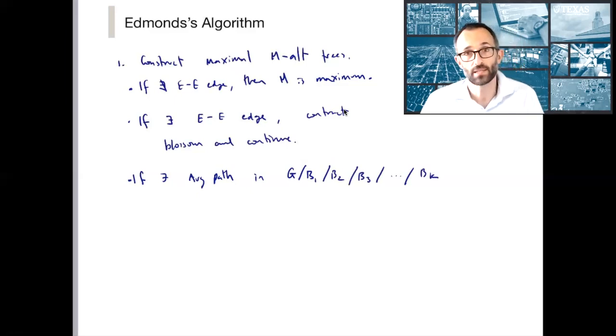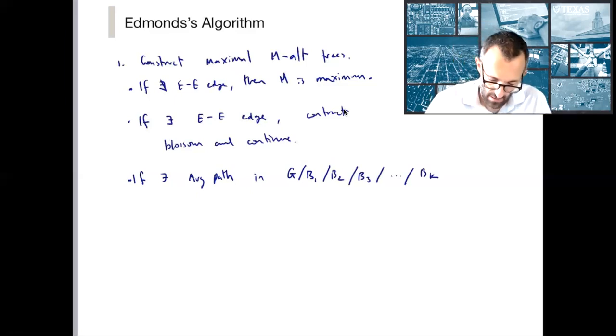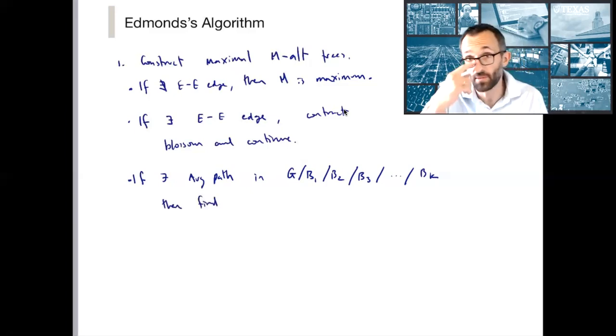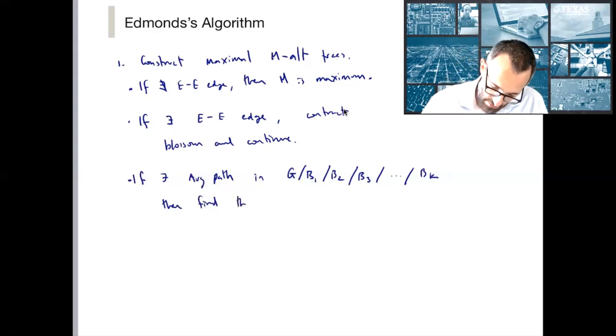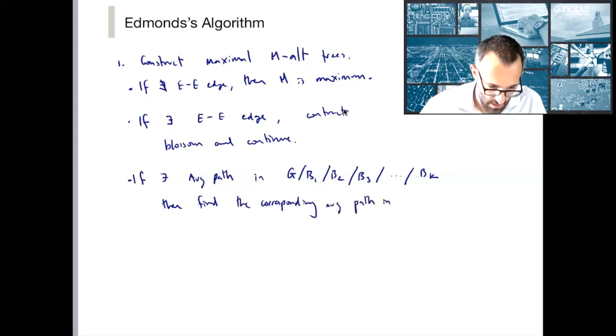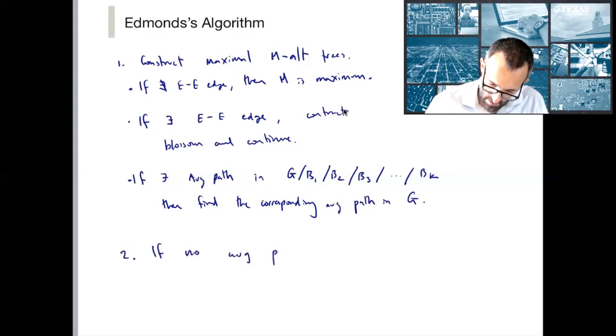So if I ever find an augmenting path in the contracted graph, then with the procedure described essentially in the constructive proof of the previous lemma, we find the corresponding augmenting path in G. And finally, if there is no augmenting path and no more even to even edges, because we contracted them all, then we stop.